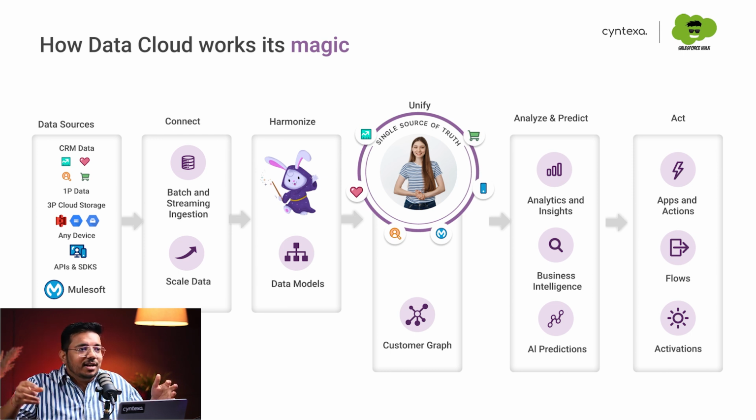We can connect all of that with Data Cloud, and that too with a zero-copy, zero data retention policy. All of that data is accessible to us without copying it over to Salesforce. It's not doing the heavy lifting of data transferring. Then we can use it in our AI models, in our activations, in our segments and all of that. So that is what Data Cloud is, and this is how it works.